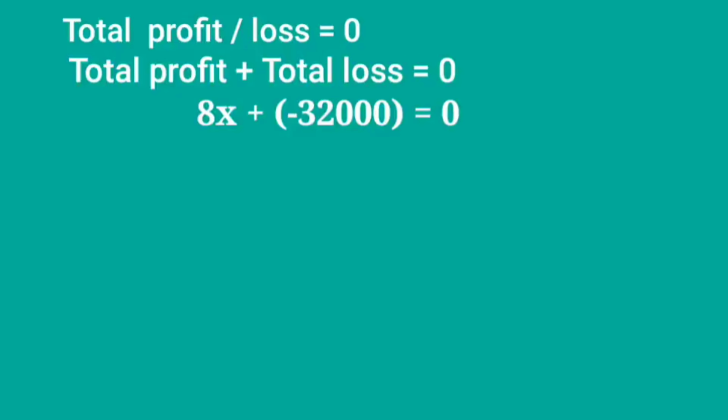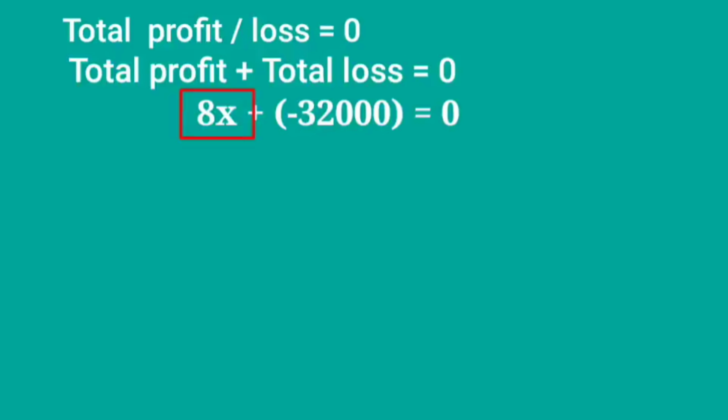An equation has two sides: one is the left hand side, another is the right hand side. Terms we can see in the left hand side are 8x plus minus 32,000. The term in the right hand side is 0. Here we can't add or subtract 8x and minus 32,000 because 8x is an algebraic term.